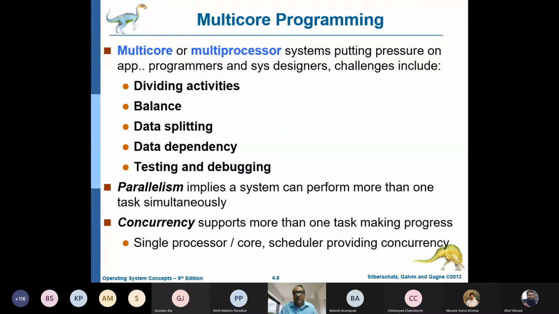The distinction is very important. Both sound similar, but the basic difference is the underlying system. If the underlying system is a single-processor system, it entertains concurrency. If it is a multi-processor or multi-core system, then it handles both concurrency as well as parallelism.